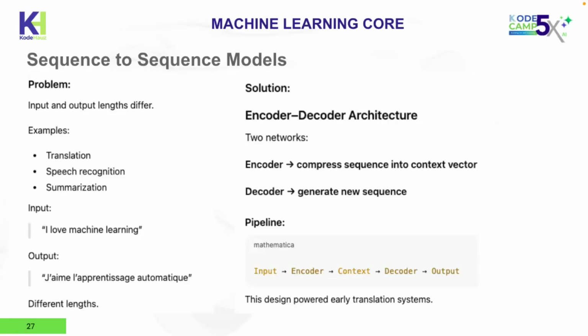You give it a sequence in one language, maybe English, and ask it to generate the equivalent of that same sequence in another language. That's a sequence to sequence model. It's kind of different in the way you train such models, and the way the architecture is.